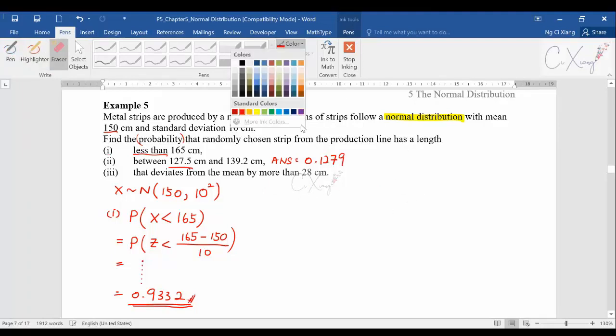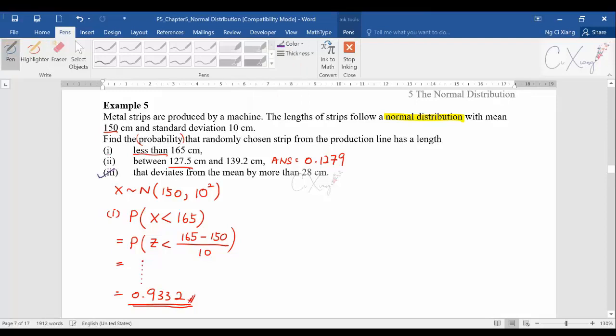And then now I want to focus on part number 3. Okay, so for part number 3, they are saying that the length of the string selected deviates from the mean by more than 28 cm.